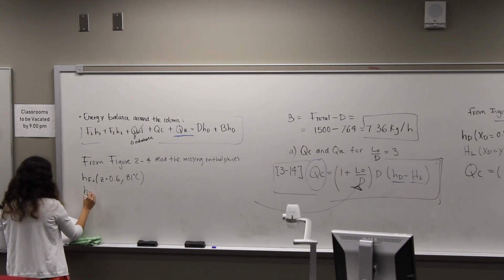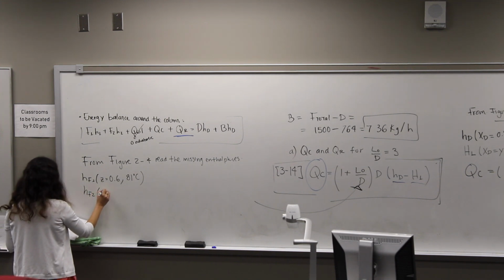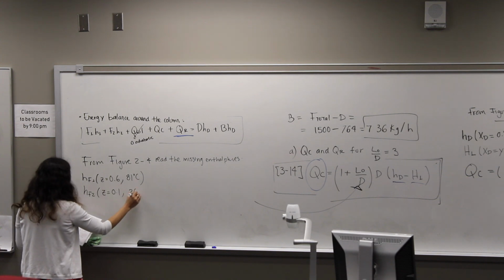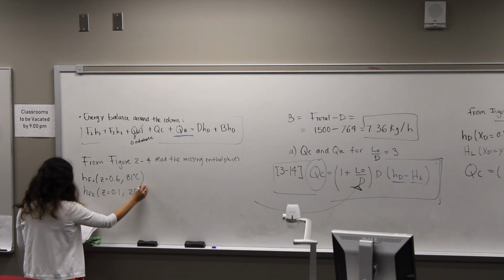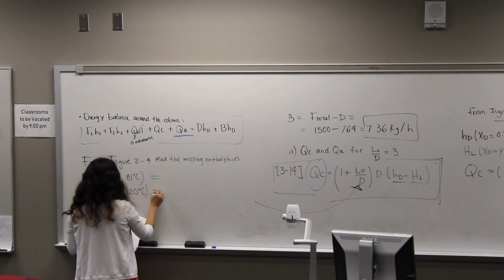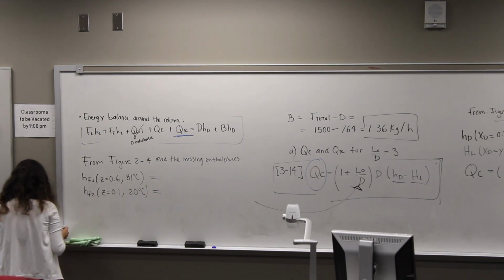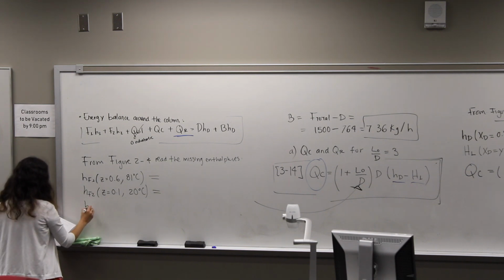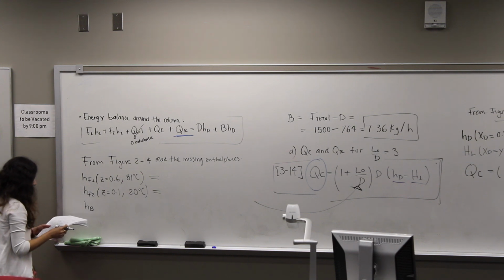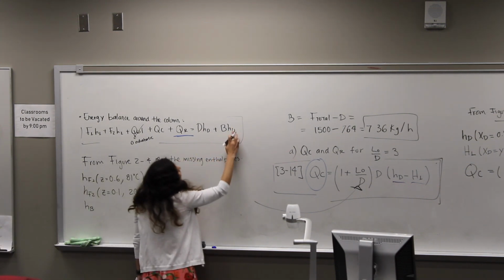We have a second feed with a fraction of 0.1, and we are feeding at 20 Celsius. I need you to read for me these enthalpies. And we don't know the bottom, and this is the bottom.